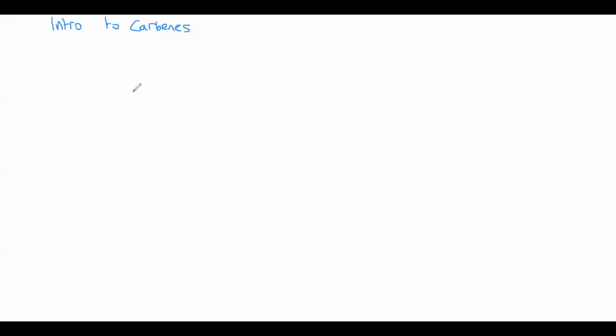If instead we have a leaving group on the central carbon, then what can happen is that, as the name suggests, the leaving group can leave, taking those electrons with it. The leaving group goes away and we are left with a carbocation.